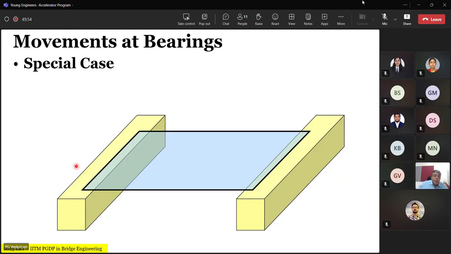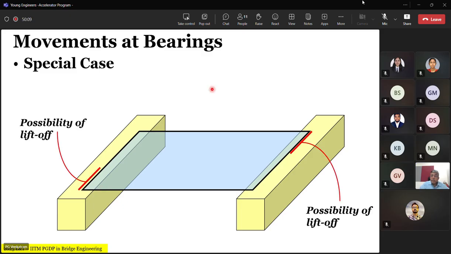Okay. Now, in the special cases of bearings, you have another problem. This is when you end up with a skew bridge. So this is conceptually a skew bridge supported on the two short edges. Then you end up having a possibility of liftoff at these acute angle corners.